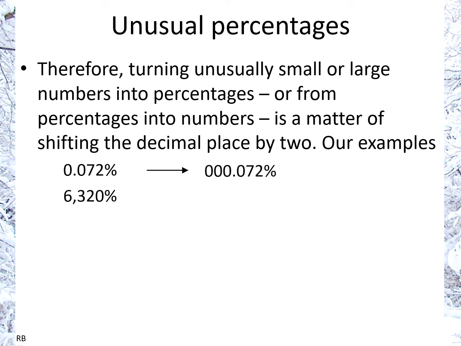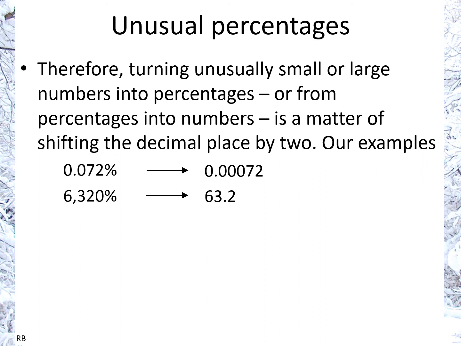We're adding a couple of zeros to the left so that we can take this decimal place and move it over 2 spaces, and then we'll end up with 0.00072. So that's what 0.072% represents. Now in the case of 6,320, the decimal place is automatically after the whole number. So moving two spaces here brings us to 63.20, which of course is also 63.2.